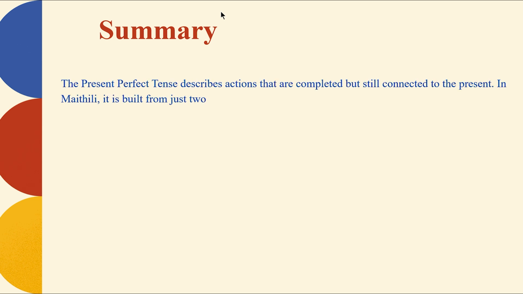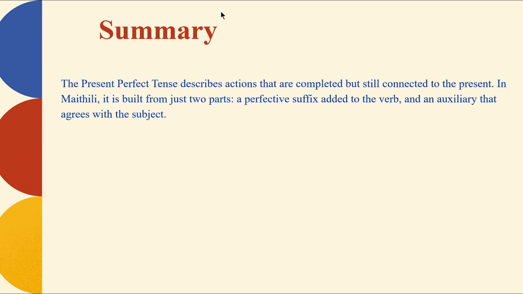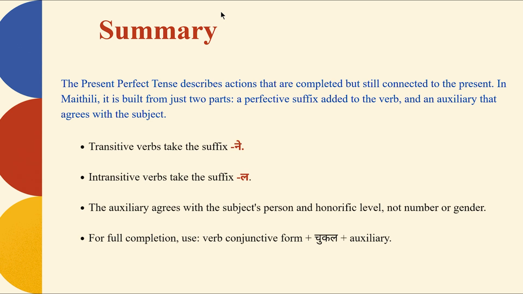Okay. So let's summarize. The present perfect tense describes actions that are completed but still connected to the present. In Maithili, it is built from just two parts, a perfective suffix added to the verb and an auxiliary that agrees with the subject. With transitive verbs, we attach the suffix ne. With intransitive verbs, we attach the suffix la.